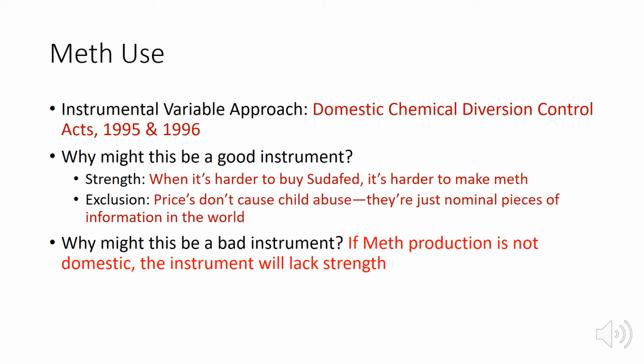This could be a bad instrument. This instrument could lack validity for a bunch of reasons. If meth production isn't domestic, if drug dealers are shipping meth in from neighboring countries, then making it harder to buy Sudafed at your local Walmart really won't make a difference. Maybe it's not a strong instrument.